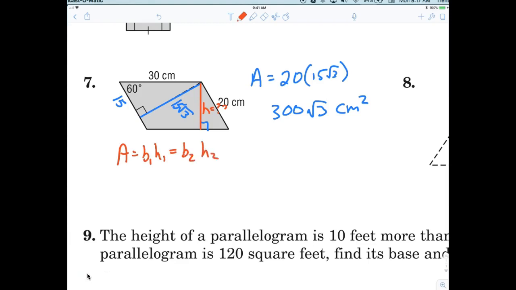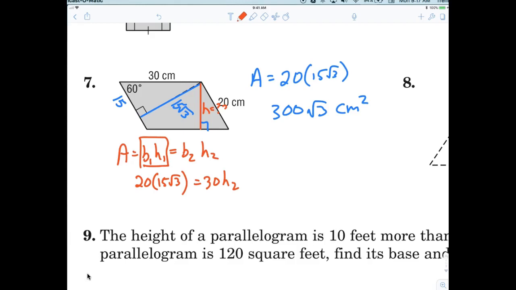They have different bases, and the bases are attached to the heights. So we found the area of the parallelogram by multiplying 20 times 15 radical 3. Well, now I asked about the missing height. So the base of the missing height would be 30 times the second height. That's how easy it was.